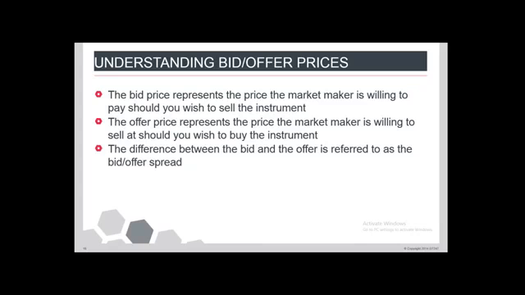The difference between the bid and the offer price is commonly known as the bid-offer spread. So if you're speculating that the Euro USD will increase in value, you'll buy this instrument at the offer price. And if you're speculating that the Euro USD will decrease in value, you will sell at the bid price.